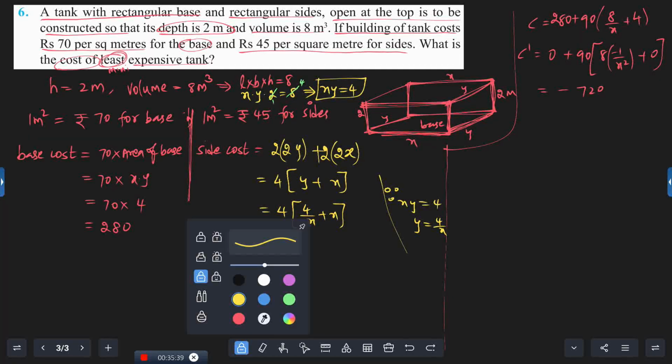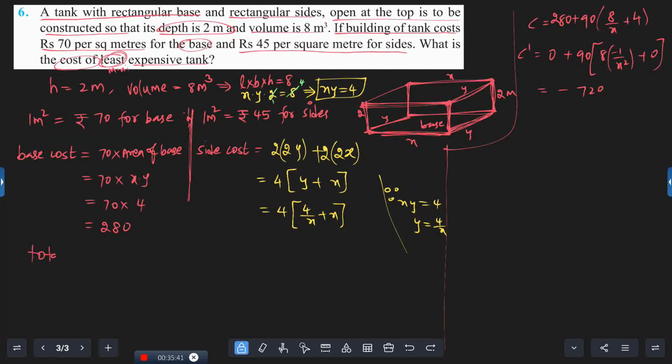Now we will go. Total cost equal to base cost plus the 4 sides cost. So the base cost, 280, plus the 4 sides cost, 4 into side cost.